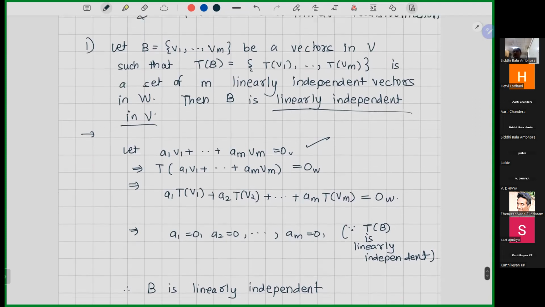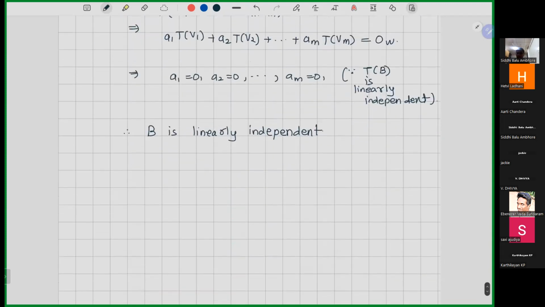Divya, did you get that this is a true statement, that B is linearly independent? And those who were guessing that if B is linearly independent then TB is too, please understand that TB is given to be linearly independent and B we have now shown is a linearly independent set.